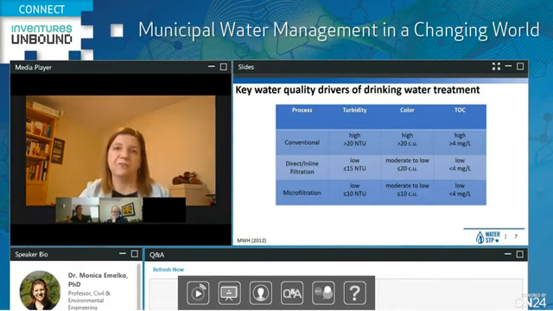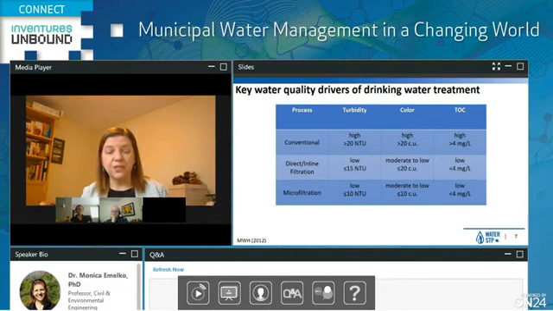Most people are very surprised to find that there are only a few key drivers of infrastructure design and operational challenges that can really get us most of the way, not all of the way, but most of the way to protecting public health from waterborne disease. And notice these parameters on here: they're turbidity, so suspended solids, and color and total organic carbon, which are both related to natural organic matter or dissolved carbon present in water.